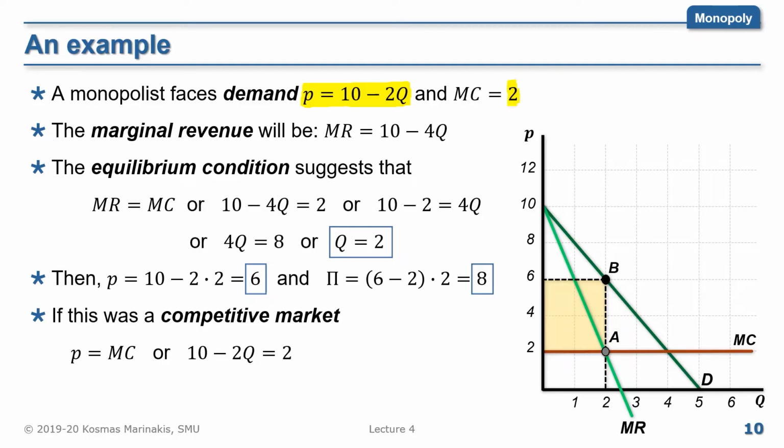MC is given to be 2. So 10 minus 2Q equals 2. I can write that as 2Q equals 8. If I do the calculation there, I transfer the minus 2Q to the other side, and it becomes 2Q. And then the 2 I transferred to the other side, so it becomes 10 minus 2 equals 2Q. So 2Q equals 8. I divide both by 2, so my quantity would be 4 units here.